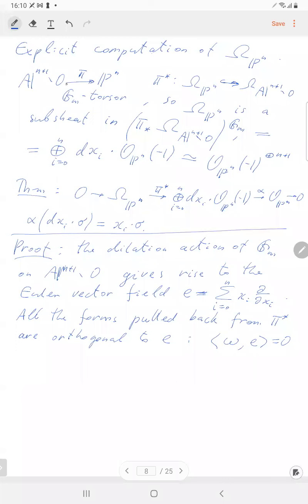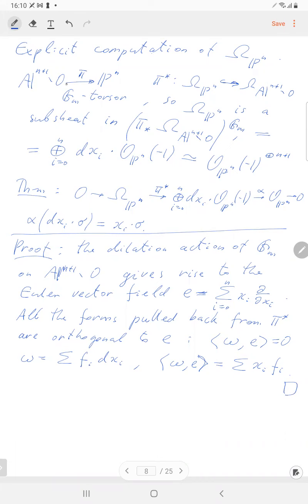But what is this scalar product? If omega is the sum of fi dxi, then the scalar product of omega and E is just the sum of xi fi. Right, and that's what we claimed. So we are done. And this is a very important calculation.